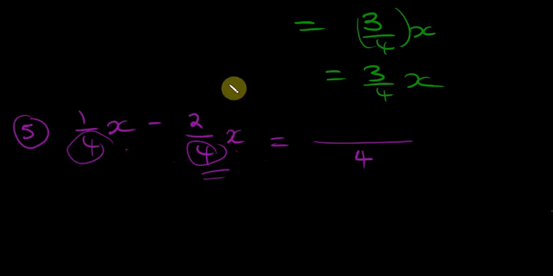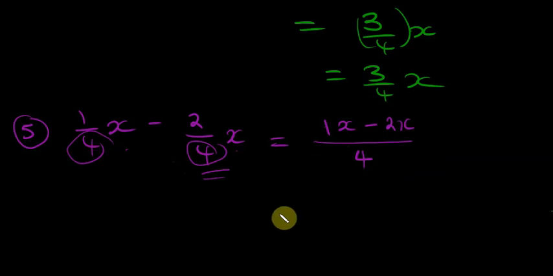Since the lowest common multiple, 4, is the same as the denominator, we just write down the numerators as they are. 1x minus 2x.